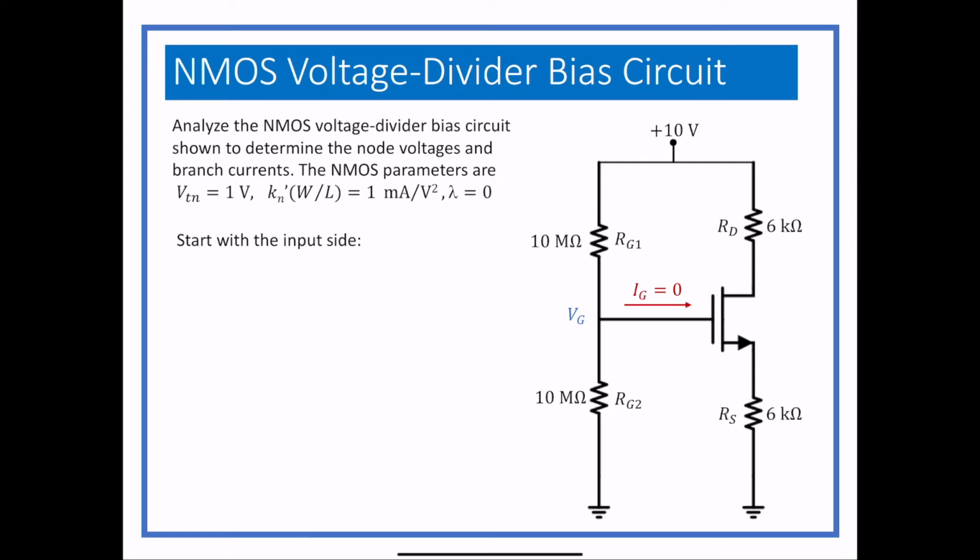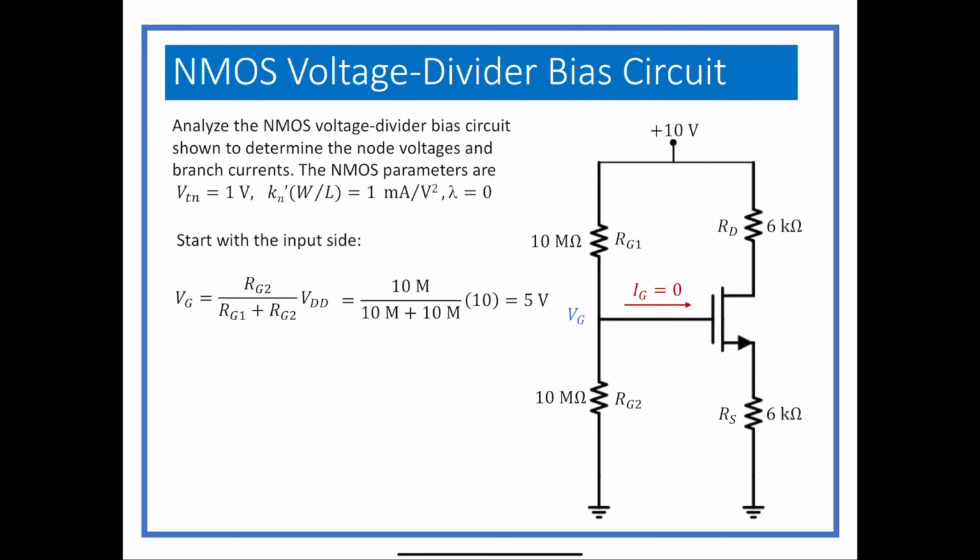You do have to take into account there is some current flowing into the transistor. But with MOSFETs, you don't have to worry about it. So in order to find the voltage at the gate, we just use voltage division, and we get 5 volts for this circuit. So the voltage at the gate is going to be 5 volts.